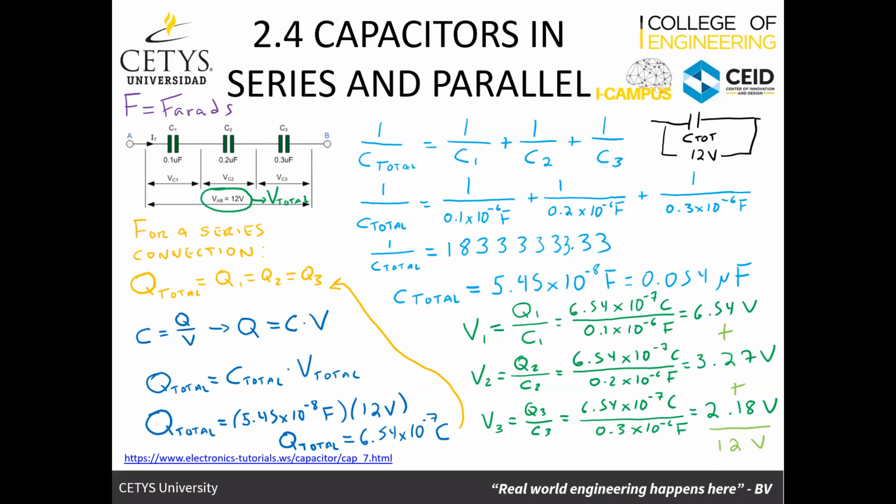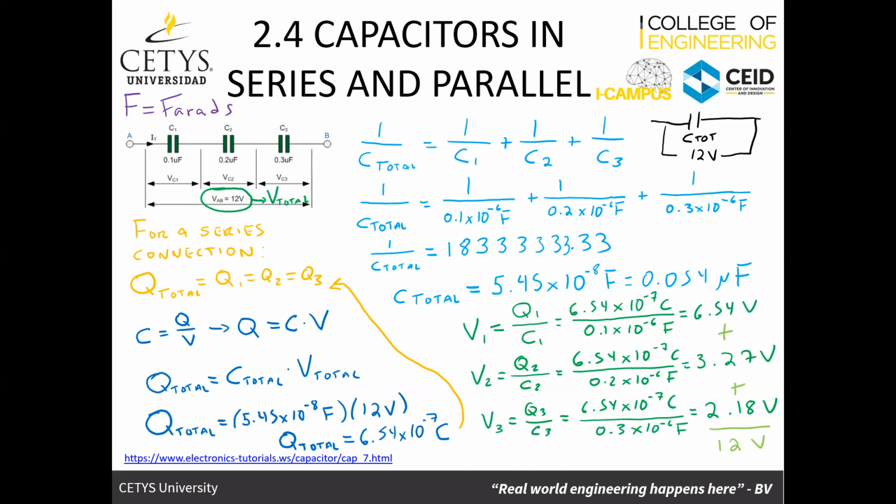So if the power supply is 12 volts, and that is distributed in the array, and the capacitors are passive elements, then that has to be distributed equally. And the sum of the passive elements has to give us the active. And the last thing is that for an array that's going to be a series array, the charge is going to be the same.